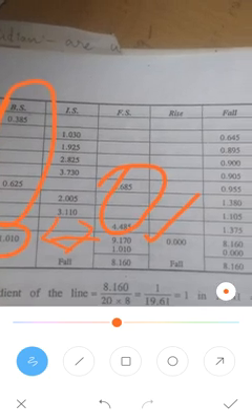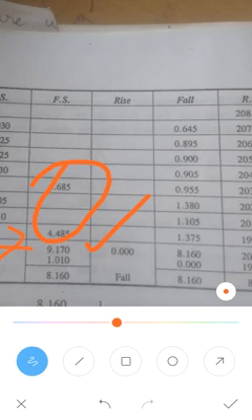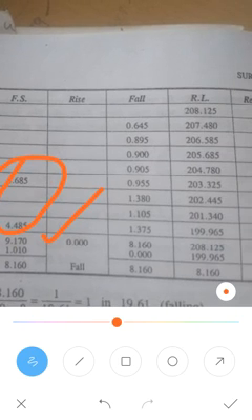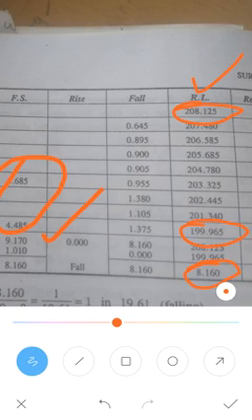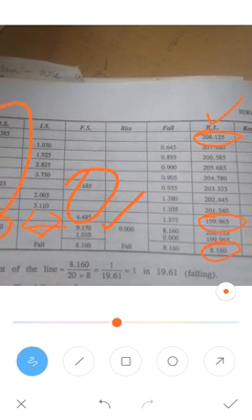So that is the difference between summation of BS and summation of FS. Then first RL minus last RL: first RL is 208.125, last RL is 199.965. That will give 8.160.